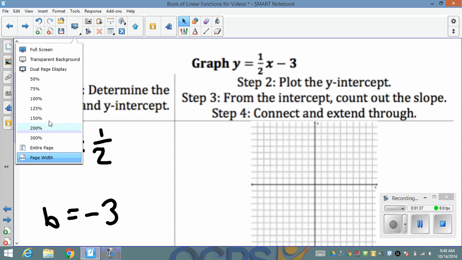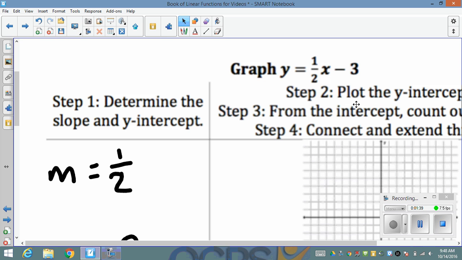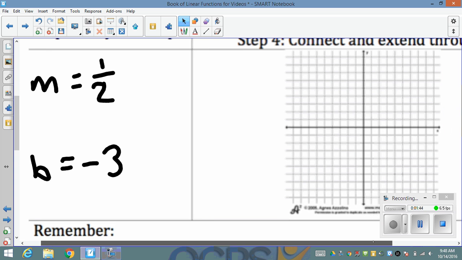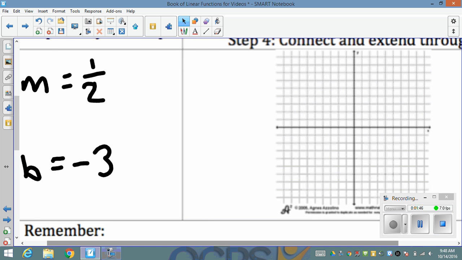I'm going to enlarge my graph a little bit here to make graphing a little bit easier. Okay, so the first thing I'm going to do is plot my y-intercept. My y-intercept is -3. Make sure you're putting it on your y-axis. So we're going to be right there.